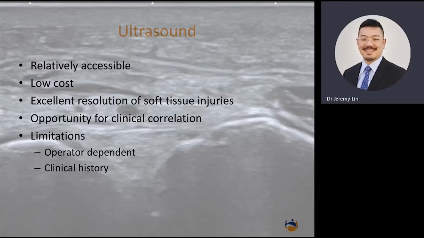In the right operator, it gives a great resolution and diagnostic opportunity. However, the limitations of ultrasound is that it is operator dependent. So potentially in the hands of a less experienced MSK ultrasonographer, we may not be able to see some of the structures that we need to see.